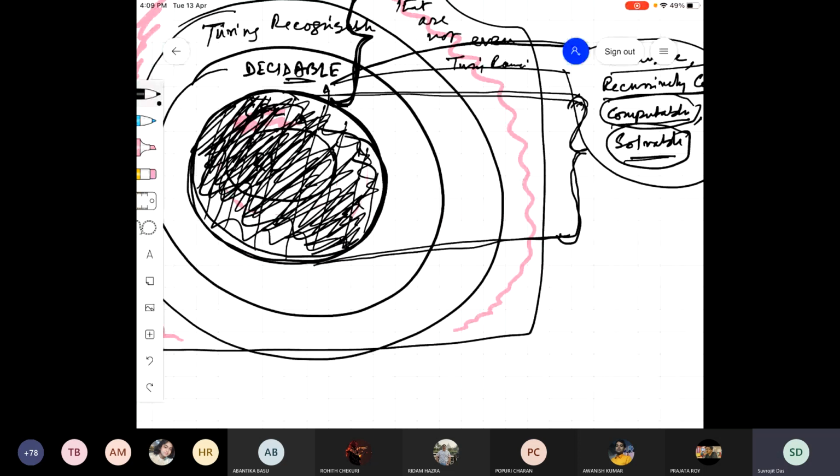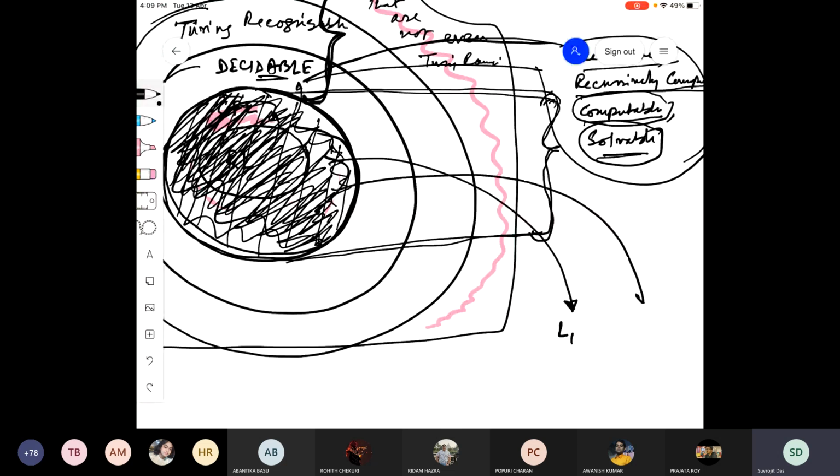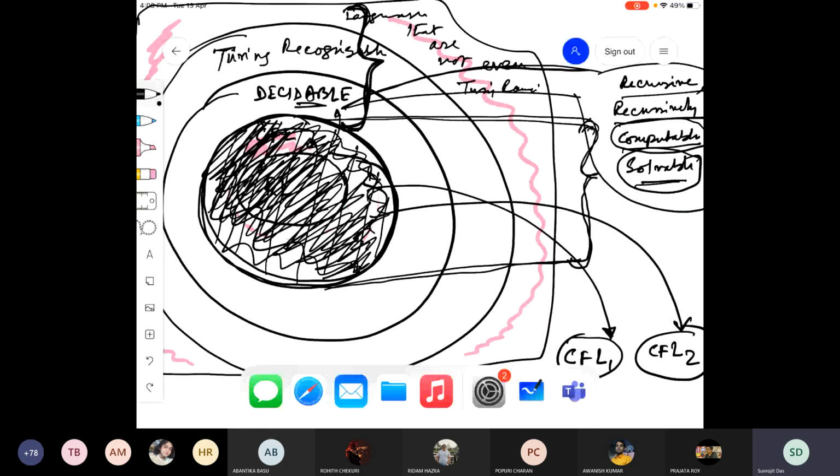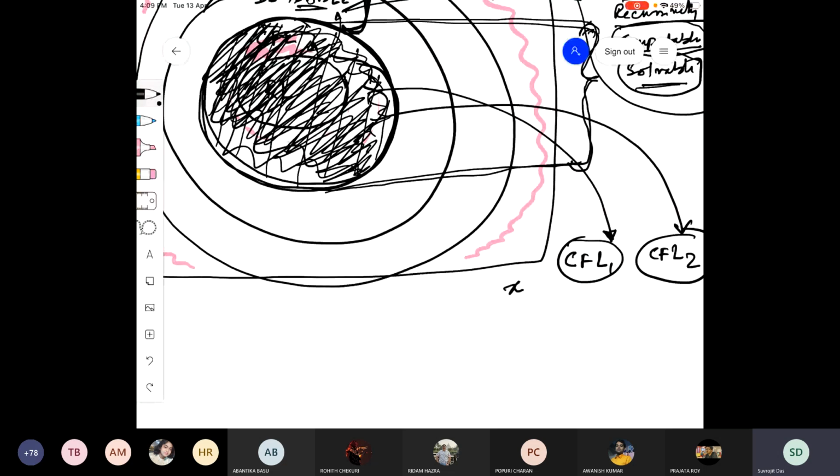But there are certain problems that are not decidable. For example, I take a language from this context-free class, L1. I take another language from this context-free class, L2. So L1 and L2 are context-free languages. Even if context-free language L1 is decidable, that means if I talk about a string X and ask you whether that string X belongs to context-free language L1, this is a decidable problem.